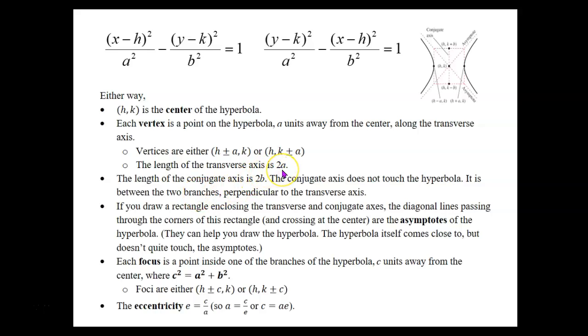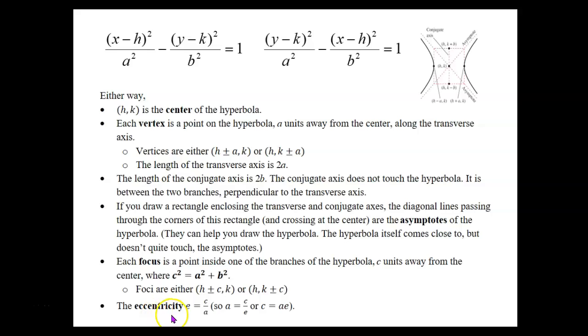The length of the transverse axis is 2 times A. The length of the conjugate axis is 2 times B. If you draw a rectangle enclosing those two axes, the diagonal lines passing through the corners of the rectangle and crossing in the center are the asymptotes of the hyperbola. And each focus is a point inside one of the branches of the hyperbola, C units away from the center, where C squared equals A squared plus B squared.